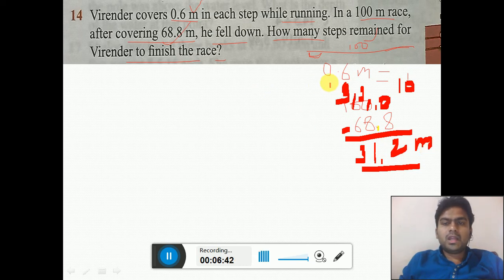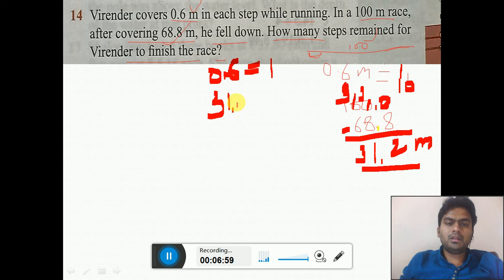So we know that he covers 0.6 meters in one step. So how much distance does he have to cover? 31.2 meters.